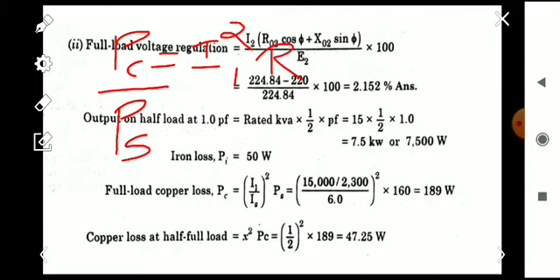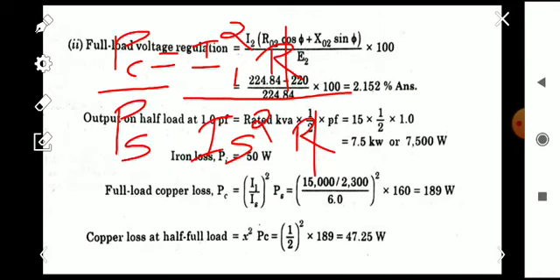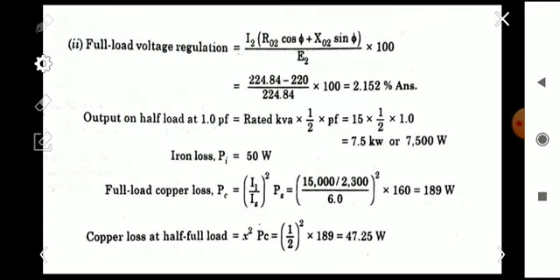Ps is the short circuit value, the copper loss obtained from the short circuit test, and it is equal to Is square R. So here R cancelled. So Pc by Ps equals I1 square by Is square. So Pc can be written as I1 square by Is square into Ps. Okay, so that is actually written here. Pc is equal to I1 by Is whole square into Ps.